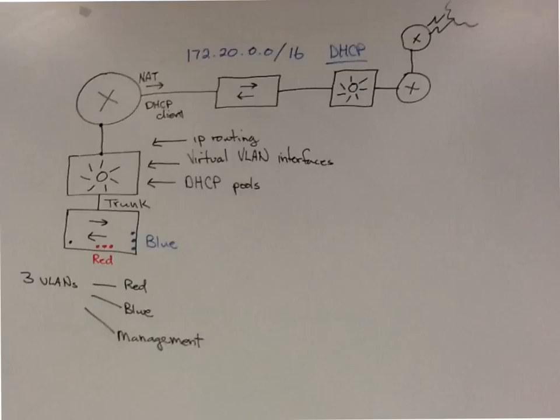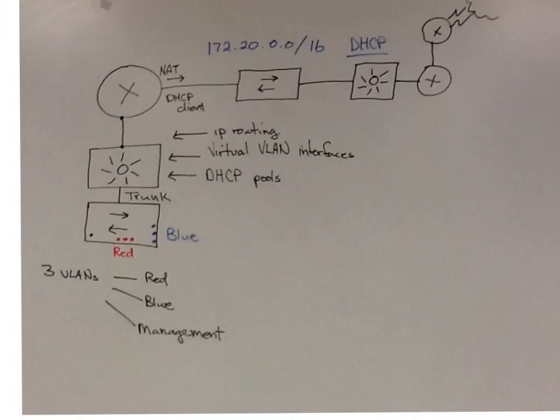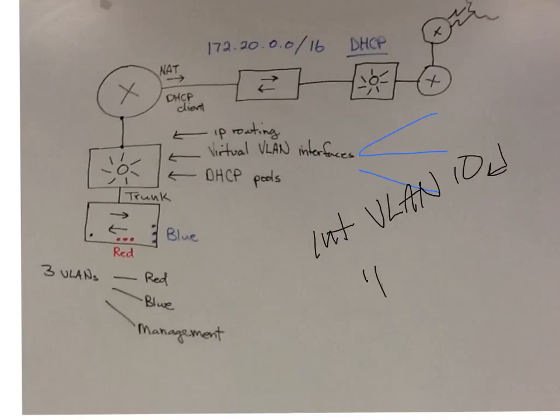So think about this a little bit. You created these, right? There's 3 of them there. Maybe it's easier to see if I do that in black, right? You did something like interface VLAN 10, enter, and then you gave it an IP address.